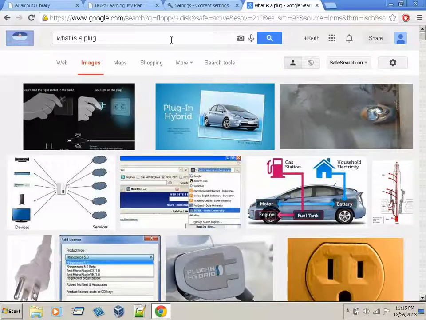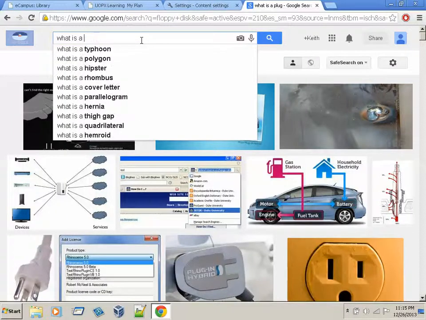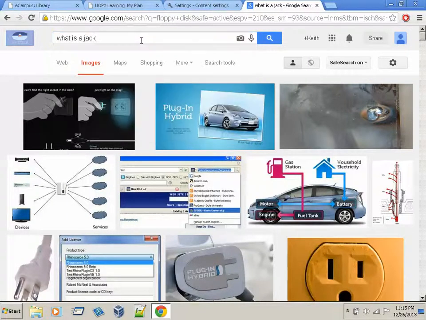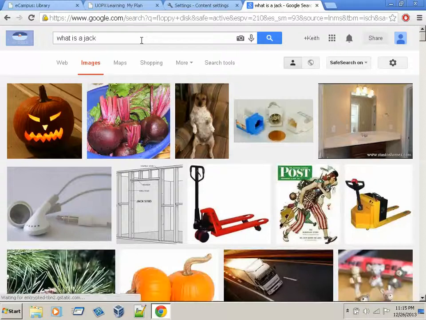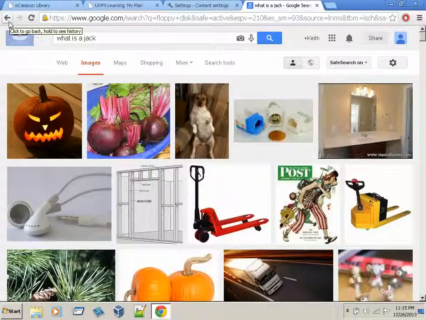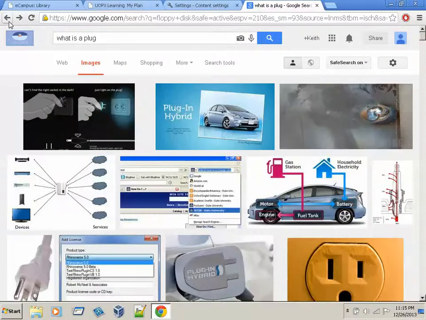Yeah, it's something you plug into, right? Jack. So I know like jacks and ports. I think it's jacks and ports. They're like synonymous. Weird pictures. Okay, so we'll move on from there.